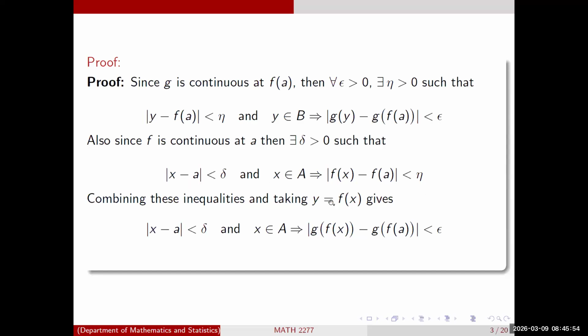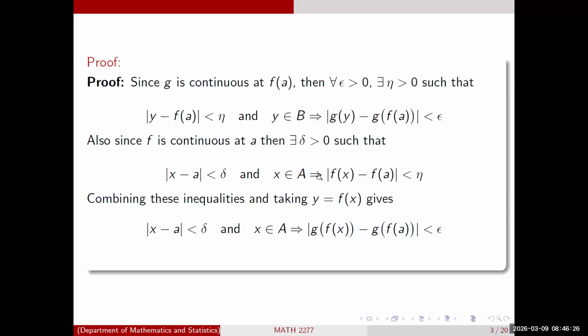If I now take y equal to f of x in this first inequality, and substitute f of x for y, then you get the modulus of f of x minus f of a is less than eta. But that's this inequality here, and this inequality holds because I chose x and a to be within a delta distance. So this first inequality holds.